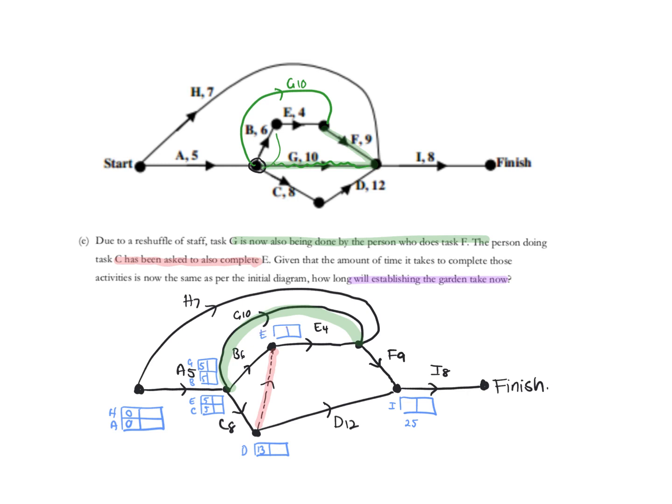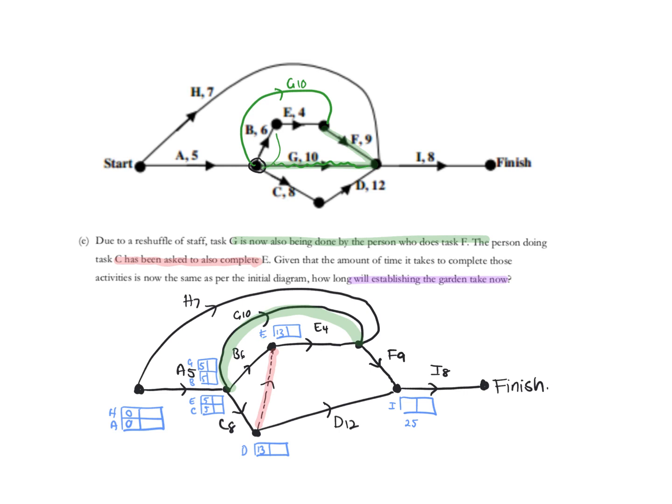It's got C and B, sorry. If I went the B path, it'd be 5 plus 6, which is 11. If I went via C, we get to here, so it'll be 13, 5 plus the 8. So 13 is bigger, so we can get rid of that one.